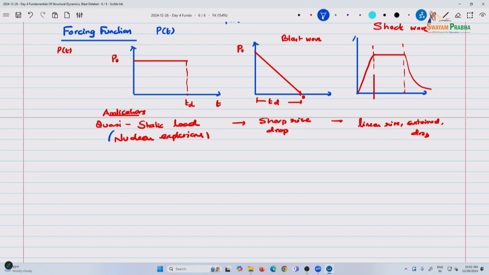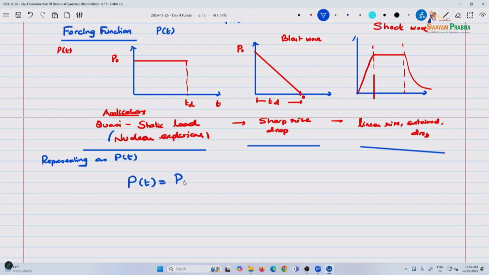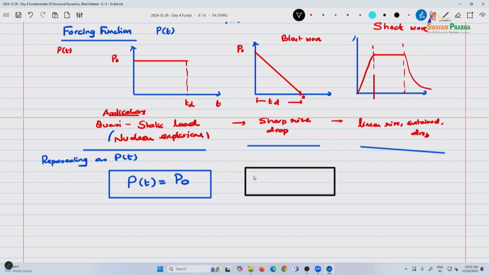For the three representations, you get P of t equal to P naught. You get P of t is equal to P naught multiplied by 1 minus, let us say, t divided by Td.